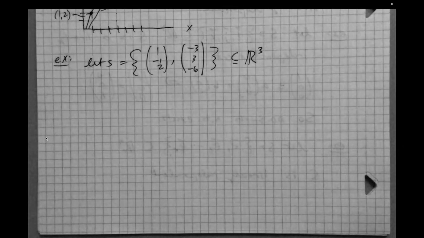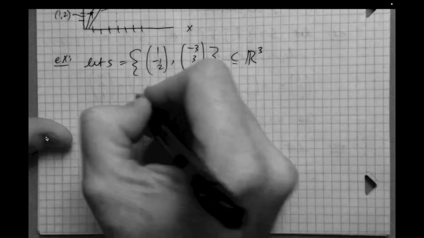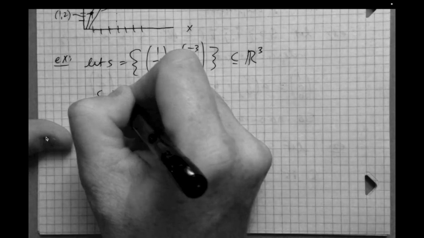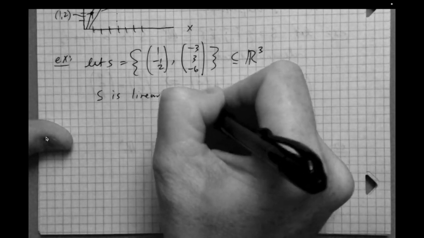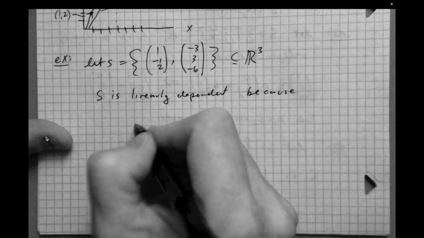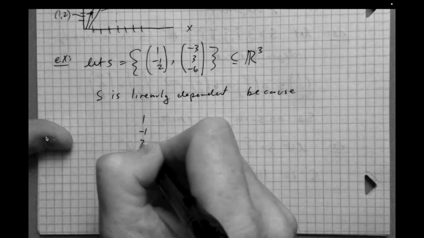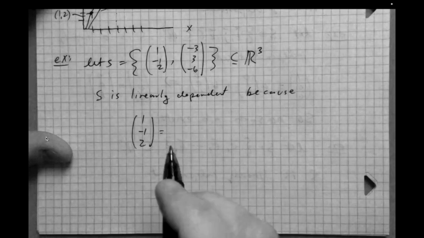Is this a linearly independent set or linearly dependent set? Well, just a little bit of work will show you that this is linearly dependent, because the first vector, (1, -1, 2), is actually a scalar multiple of the second.